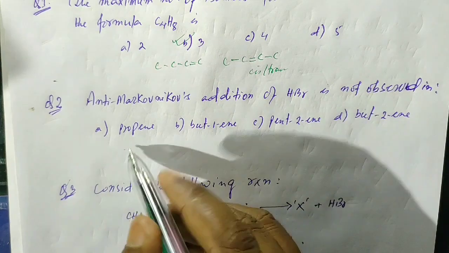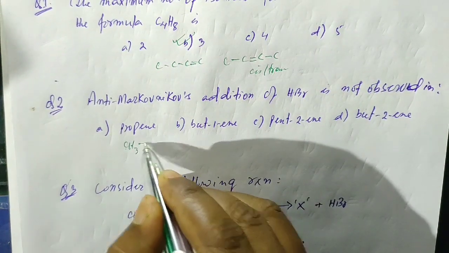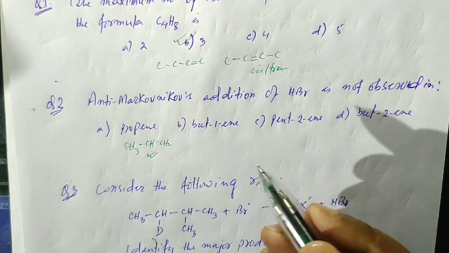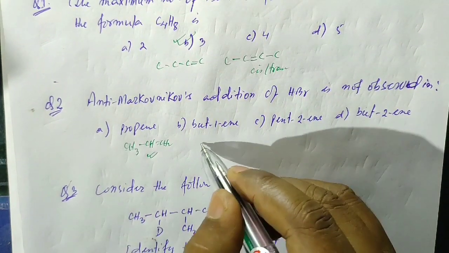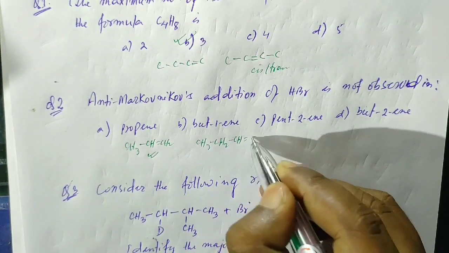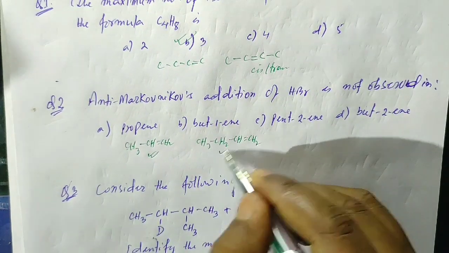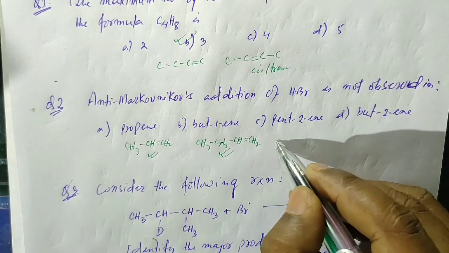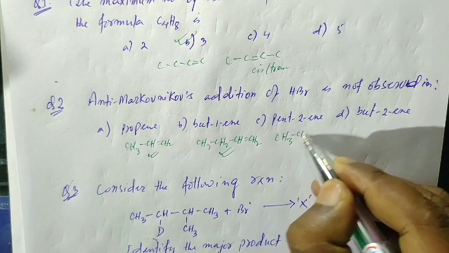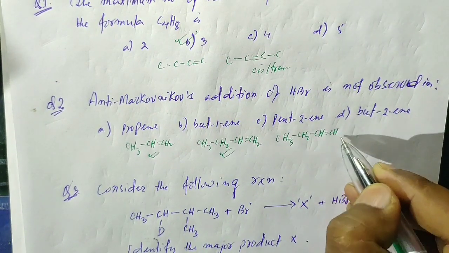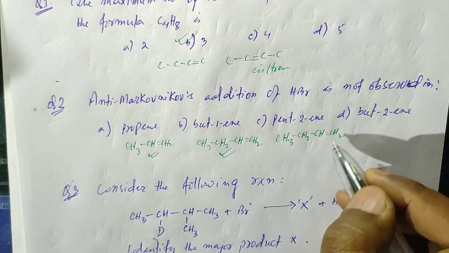So if this is an unsymmetrical alkene, then the Markovnikov or anti-Markovnikov rule will apply. But-1-yne is again unsymmetrical. Here also the Markovnikov or anti-Markovnikov rules are applied. Pent-2-yne, okay.